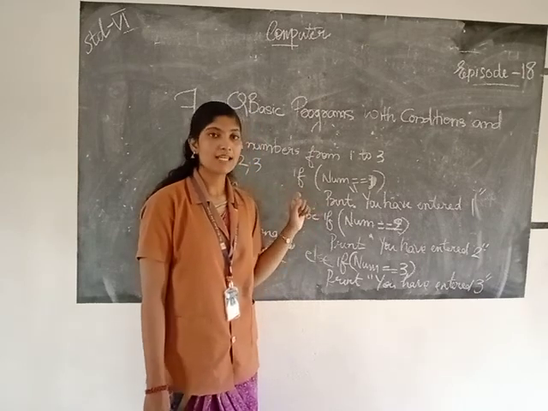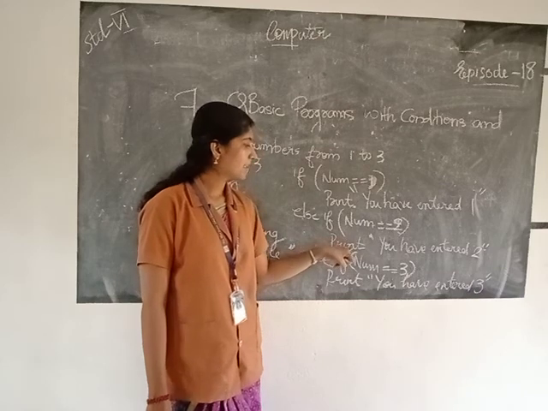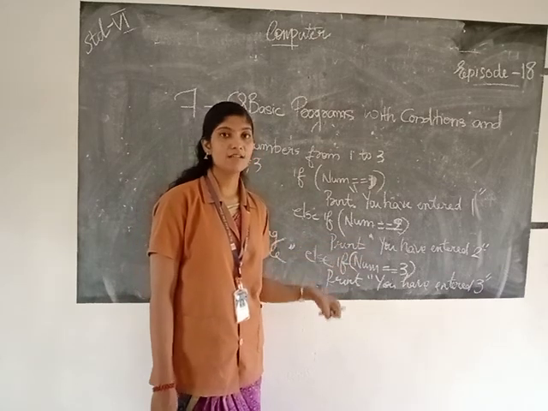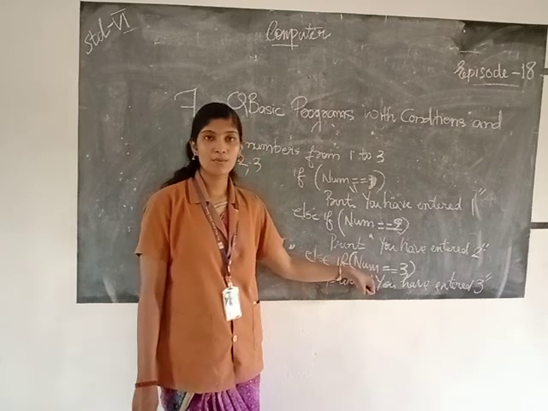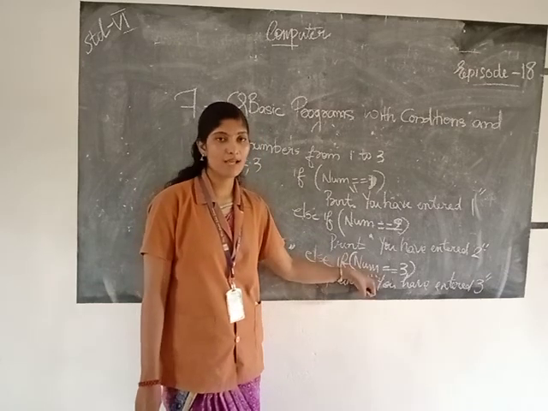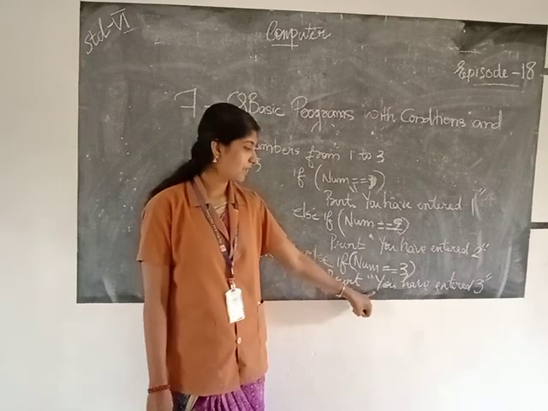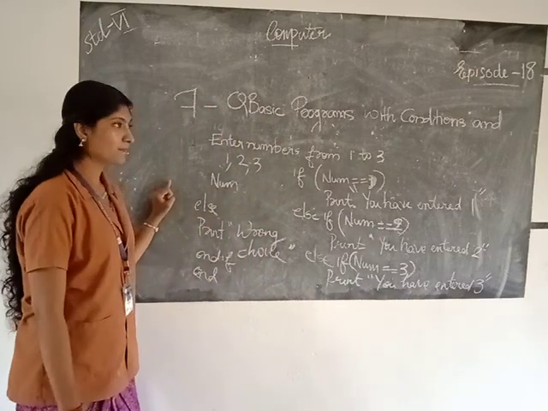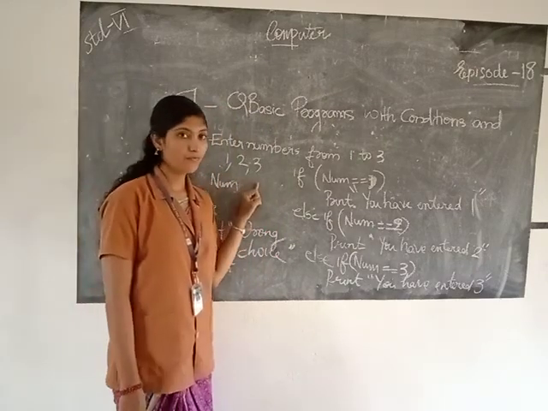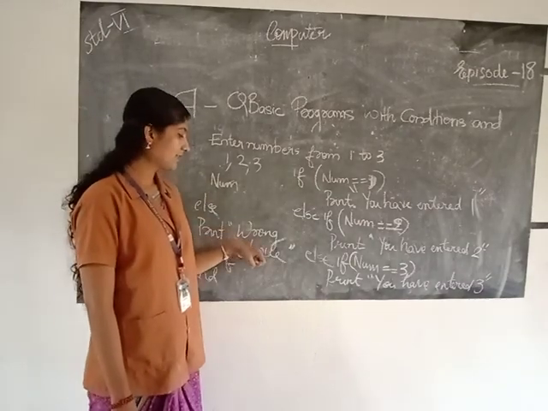Then if you enter number 2, then the printing statement is you have entered number 2. Then if you enter number 3, then the printing statement will display, you have entered 3. Else part. If you press number 4, what will happen? Then a printing message, that is wrong choice.